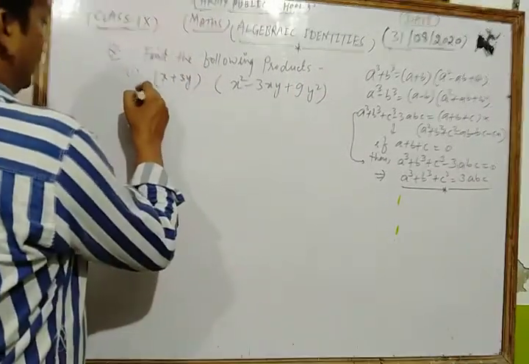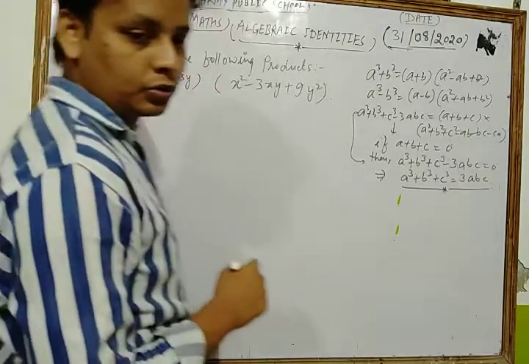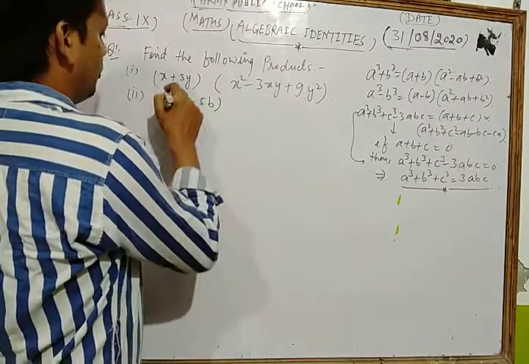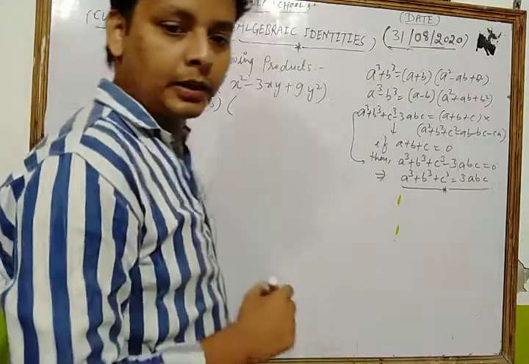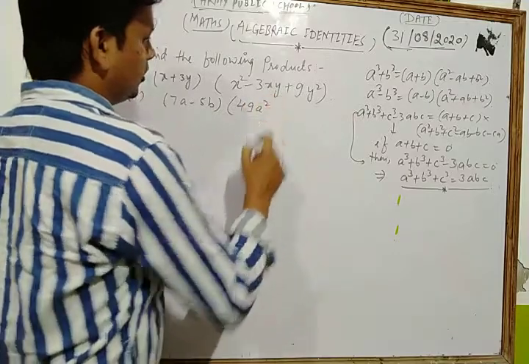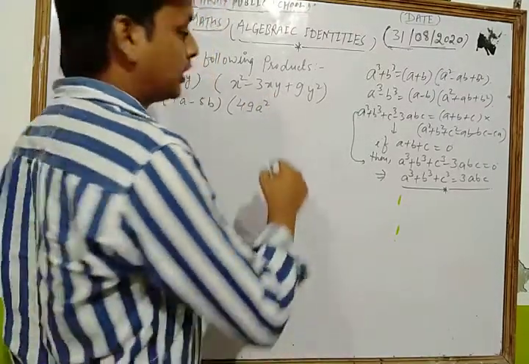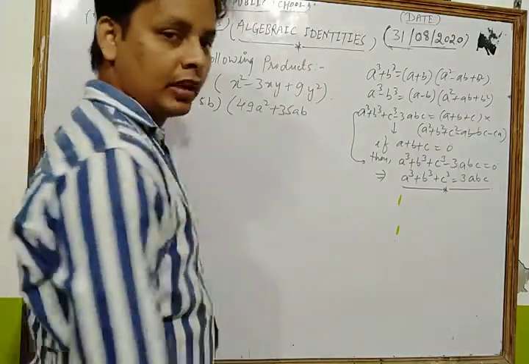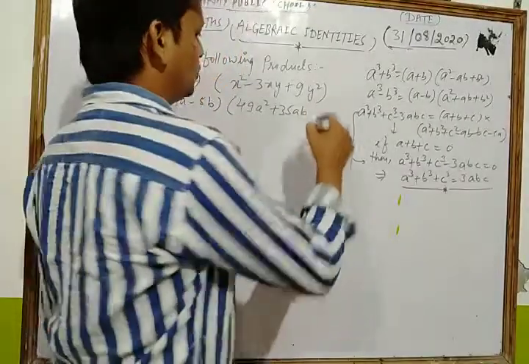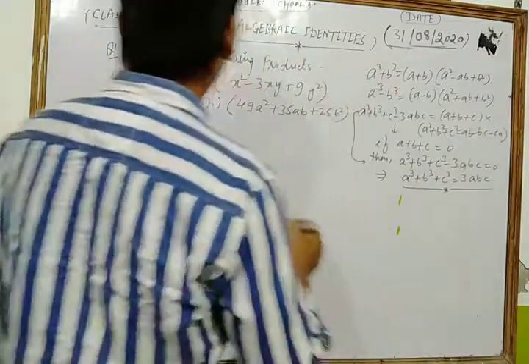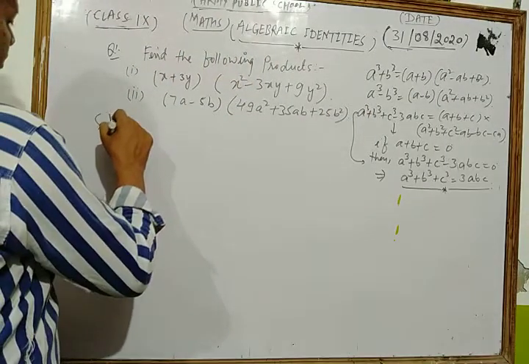And the second part of this question is 7a minus 5b, and in another bracket 49a square plus 35ab plus 25b square. Okay, now let's see its solution.